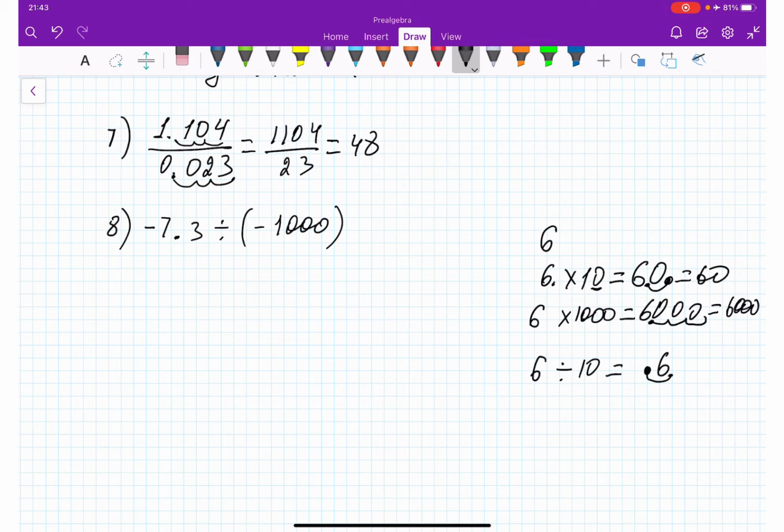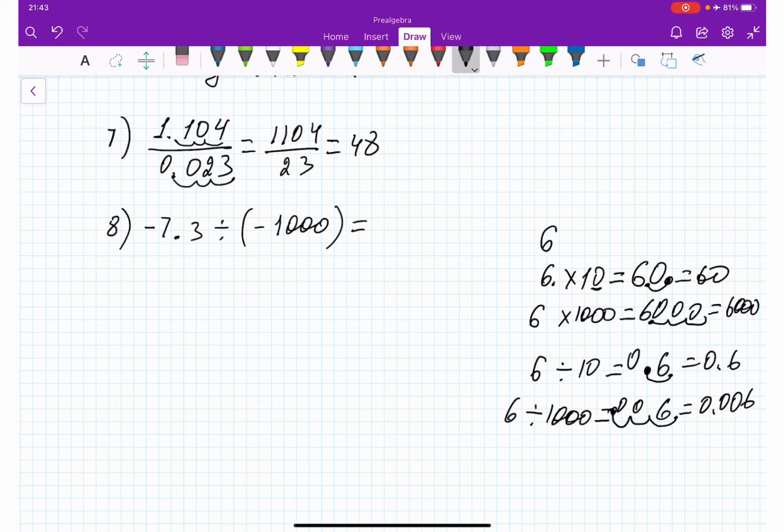So the point comes here, 0.6. 6 dividing by 1,000. The point is here, so I'm moving to the left by 3 positions. 1, 2, 3. So it's going to be 0.006. Okay? Let's do our problem.